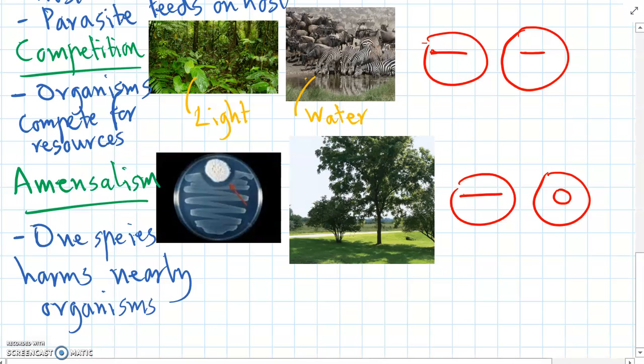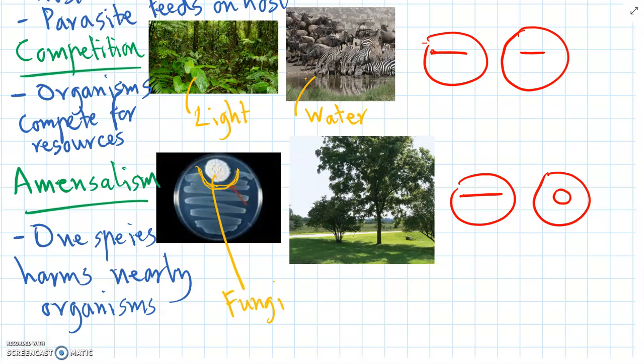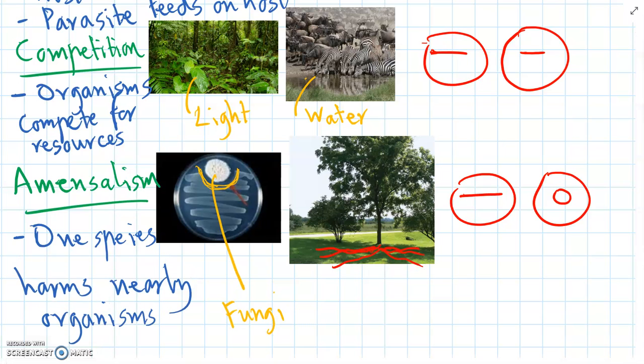A couple of examples are some fungi, when they grow, they release chemicals that kill any bacteria nearby. You can see on the agar plate here, there's a gap where no bacteria can grow. And some trees, their roots release chemicals into the soil that make it harder for other trees to grow.